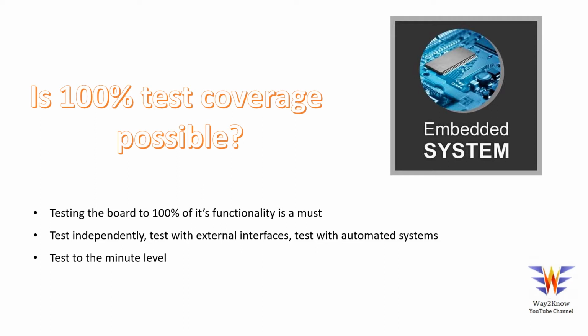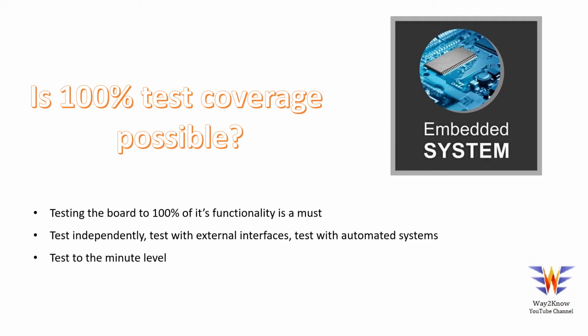Now, when we test this board, is 100% test coverage possible? That's the major point where most of the experienced engineers do miss out. The important requirement is that when we have a specification or basically a requirement sheet, and then we design a prototype, we have to test the board such that each and every requirement is tested in detail.